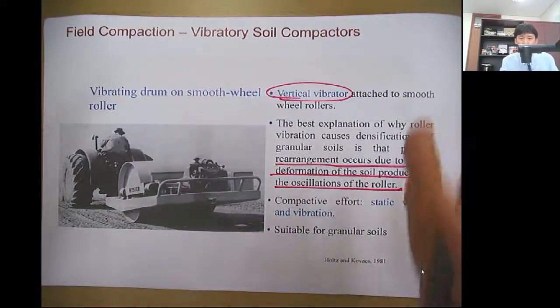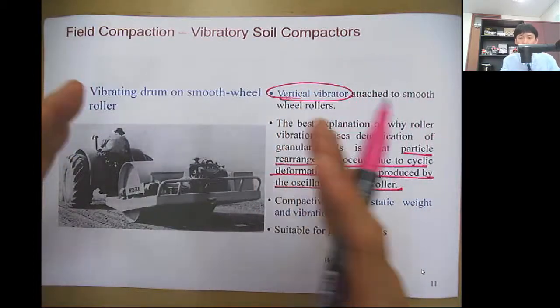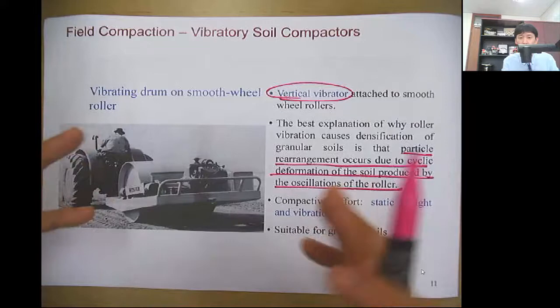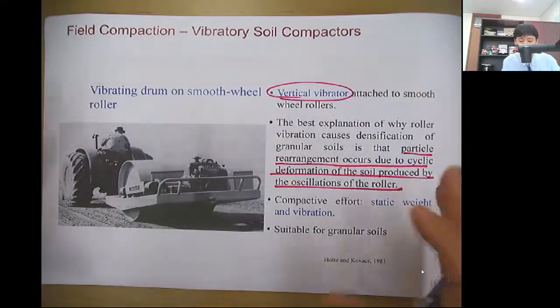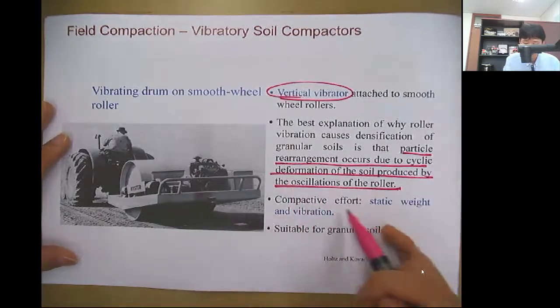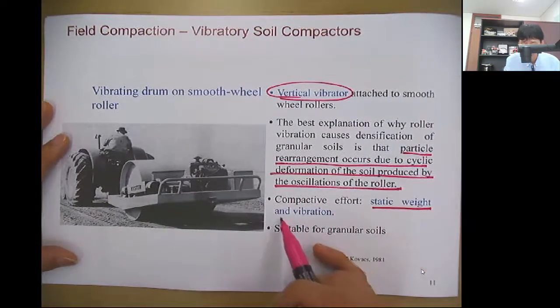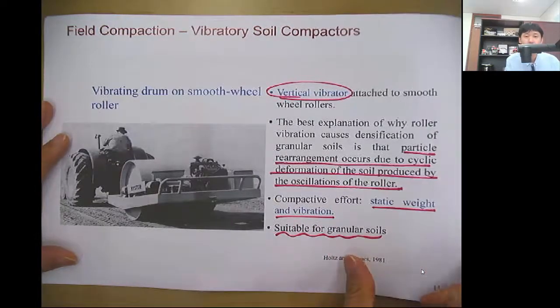As you vibrate the soil, it reduces the friction so that the particles can move very easily and rearrange their positions into a denser state. The compactive effort type is steady weight plus vibration. So this is suitable for granular soil.